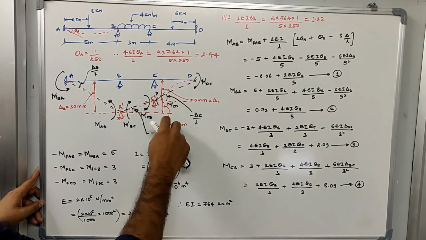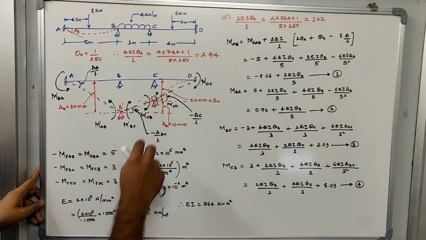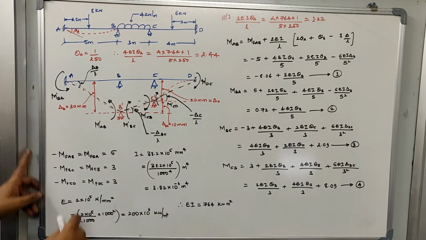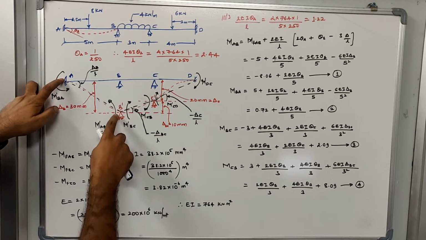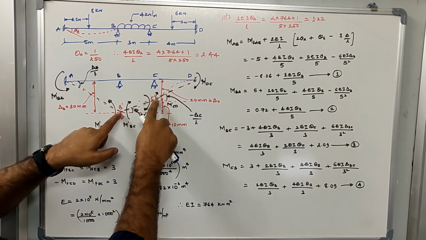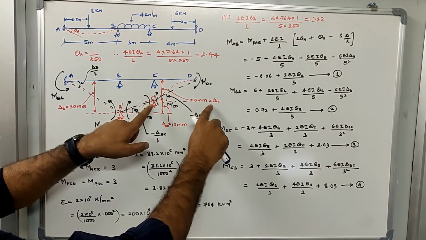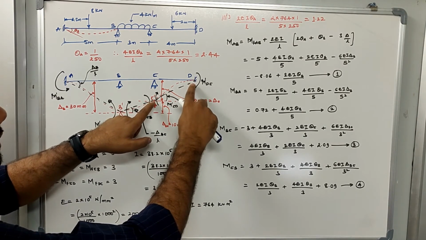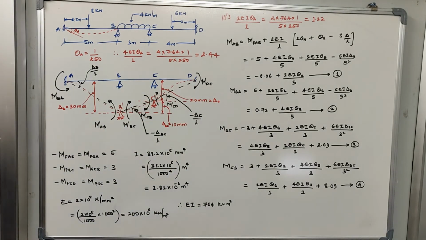This is how we calculate the delta BC. So delta B is representing the difference of elevation between A and B dash. Delta BC is representing the difference of elevation between B dash and C dash. Delta C is representing the difference of elevation between C dash and D.